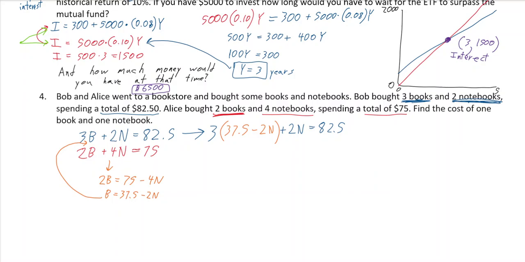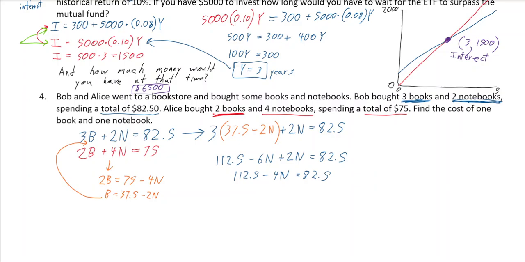Now we can multiply that out, which would be 112.5 minus 6N plus 2N equals 82.5. Now we can simplify this a little bit, so 112.5 minus 4N equals 82.5.